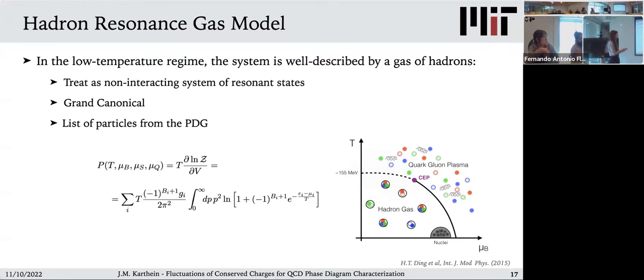So how many hadronic resonances you include in your gas. We have this grand canonical picture, which is the one we're going to work with. We can talk about these fluctuations in this way. And this freedom in the choice of the particles, we're going to study by utilizing lists of particles coming from the Particle Data Group and see how we can best describe the hadronic spectrum.